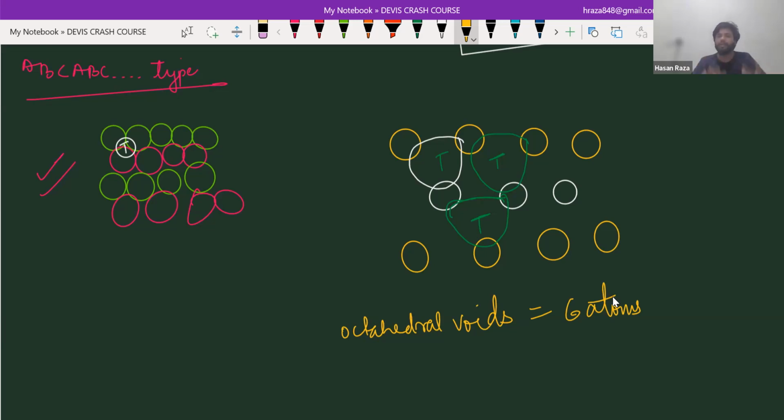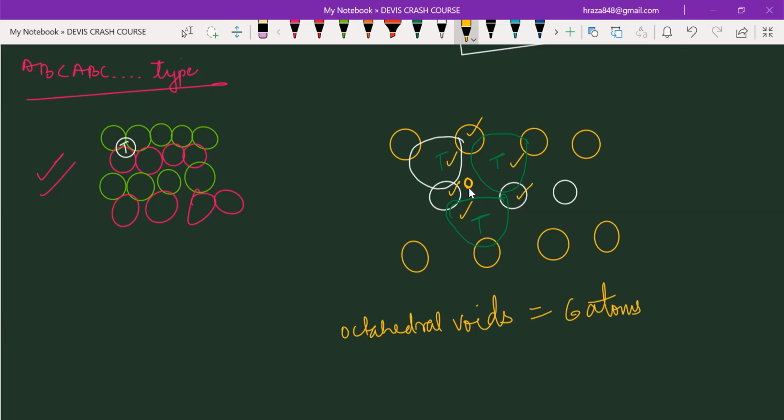If it forms between 3, triangular; between 4, tetrahedral; and between 6 atoms, octahedral. You can see this is the atom first, second, third, fourth, fifth, sixth. This is the octahedral void.